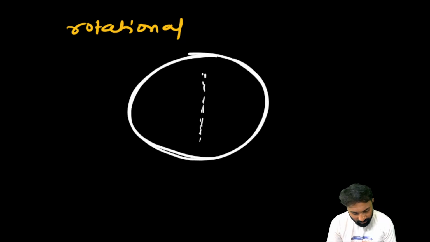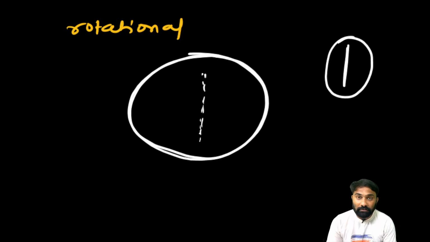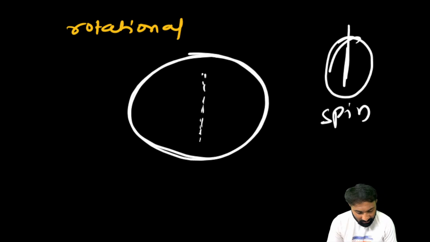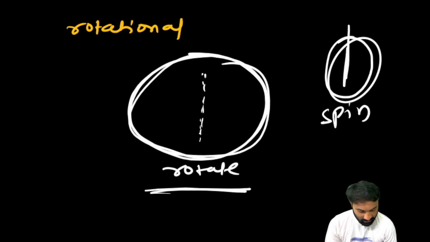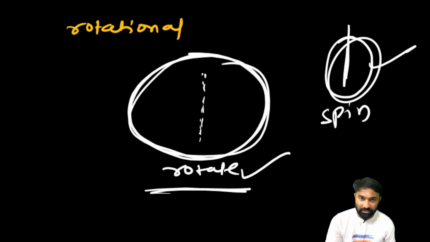But if it is rotating on its own axis, we cannot say it is rotation; that we can say is a spin. Around the external axis it will rotate. Spin is different, rotation is different.